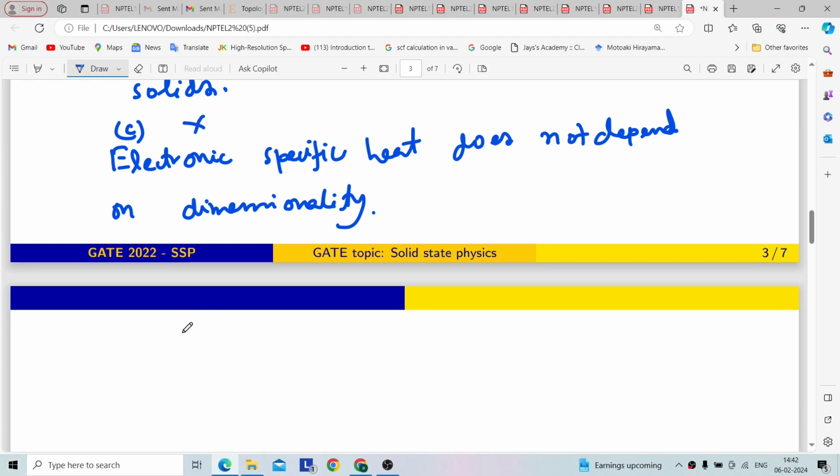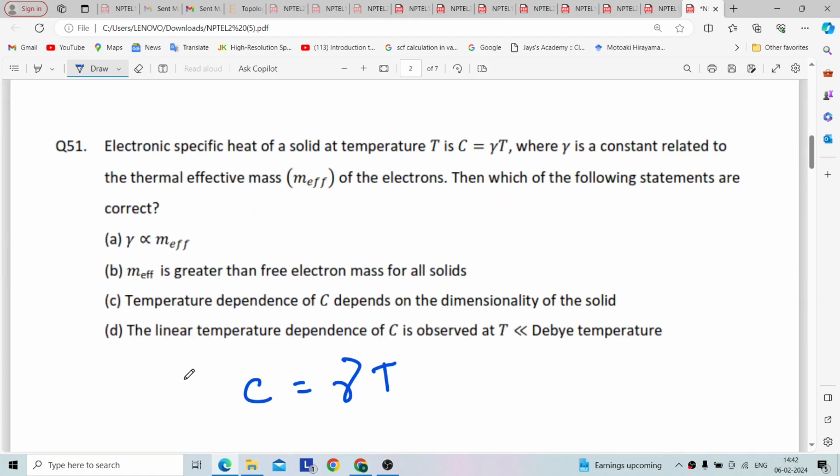Now coming to option D. What is option D? Option D shows that the linear temperature dependence of C is observed at T very less than the Debye temperature.